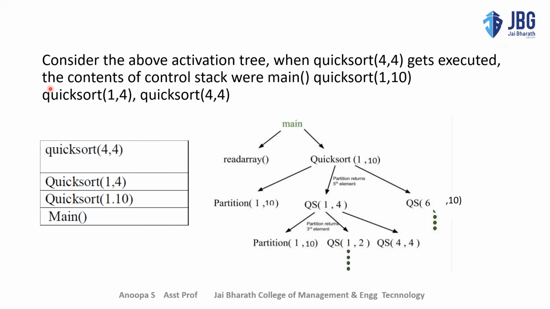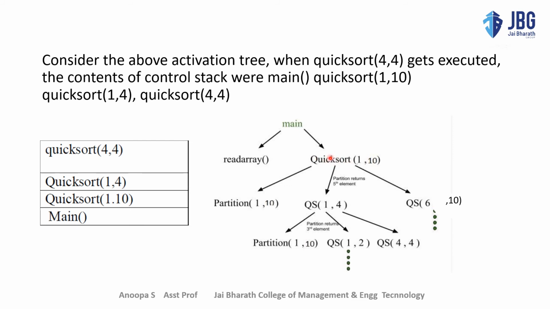This is an example. So we have the activation tree of quicksort here. When we take the activation of QS44, how do I reach QS44? From main, quicksort 110, then quicksort 14, then quicksort 44. So first, the activation of main will be created and pushed to the stack.